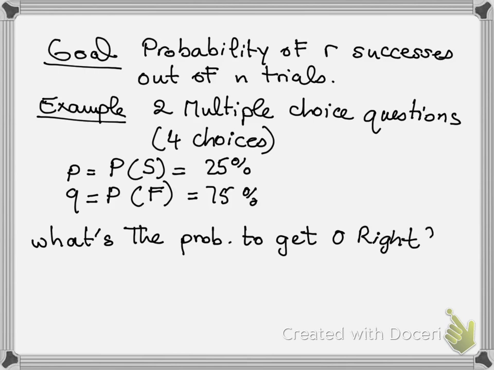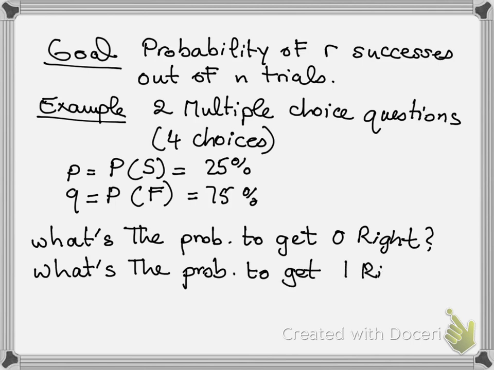So we have two questions, right? You're gonna answer the two questions, and now we want to determine the probability to get zero right answers. We can also ask, what's the probability to get one right answer out of the two questions?